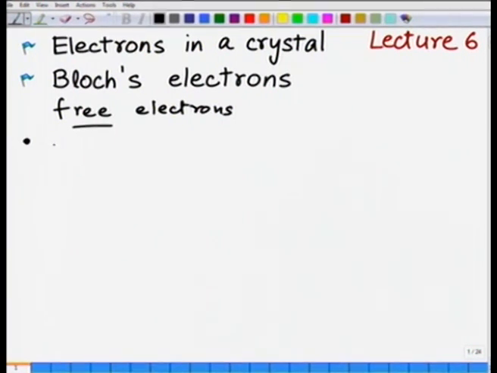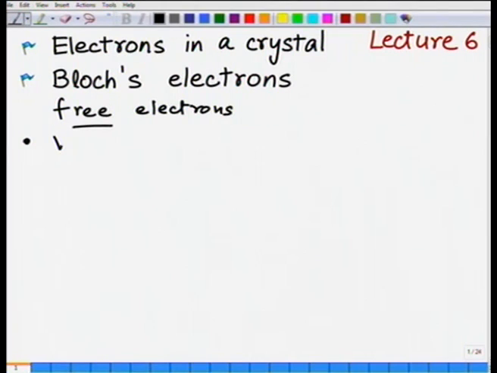First, we said all these electrons are non-interacting. Neither was there an ion-electron interaction, nor was there electron-electron interaction. Therefore, we set V equal to 0 in solving our Schrodinger equation, which has h square by 2m.